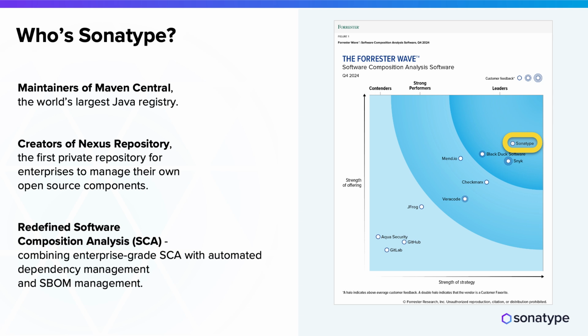We also provide recommendations for developers to do the fix. We allow them to shift left all the way to IDE, SCM, and build, so that they have a better developer experience in doing all the fixing with the recommendation.